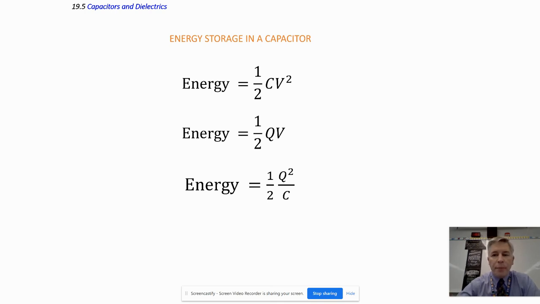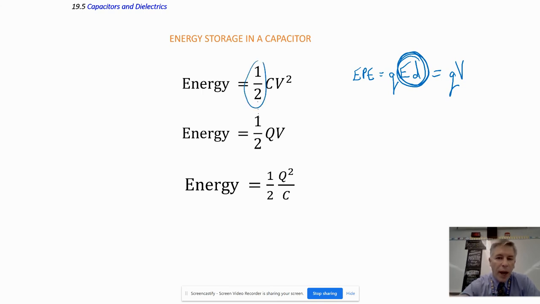Where it's coming from is we know that the electric potential energy is going to be related to things like your charge, your electric field, and the distance between the plates. This is actually going to be related to your voltage. So this is going to be Q times V. And so now we can play around with different things when we're trying to find this energy.